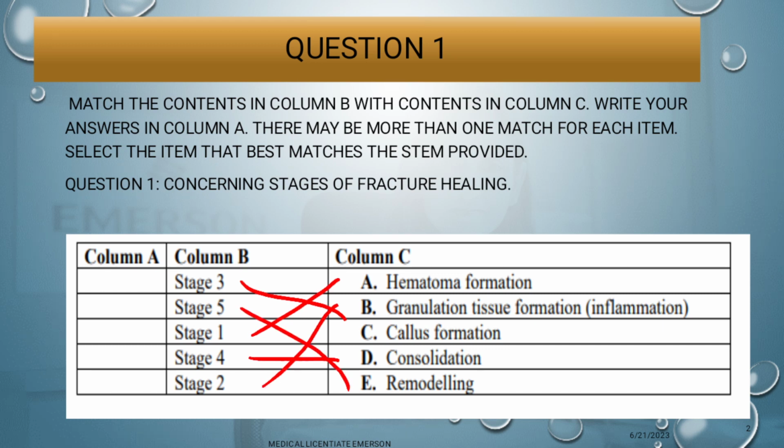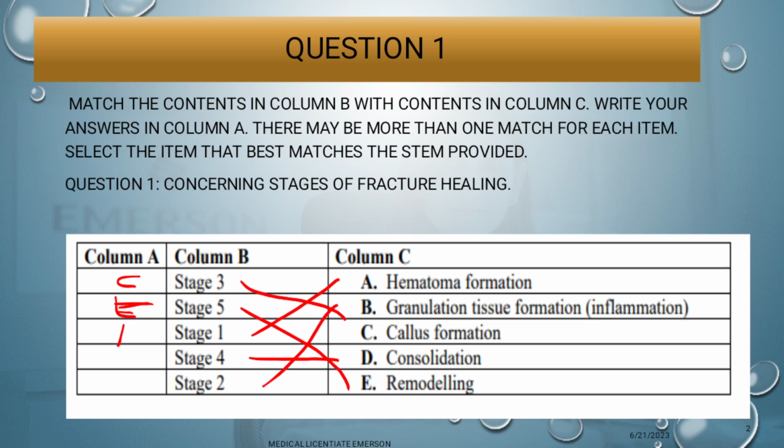So in column A, we're going to say stage 3 is C. Then stage 5 is the last part, which is E.